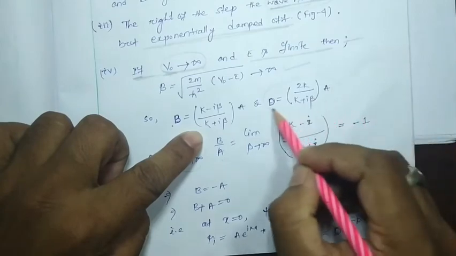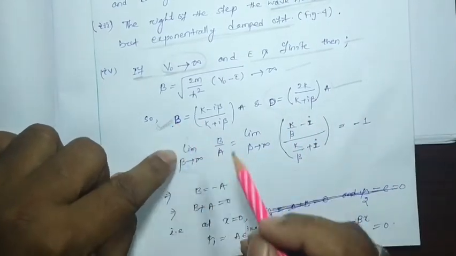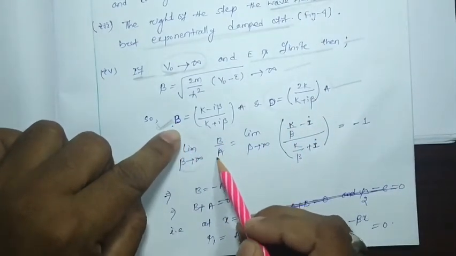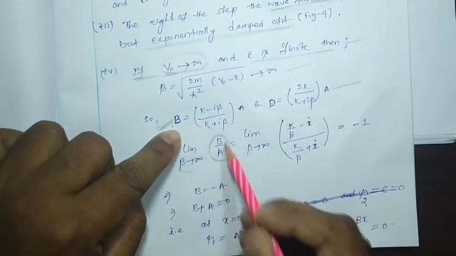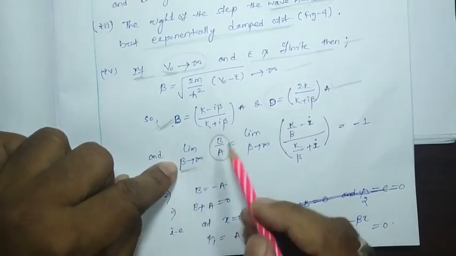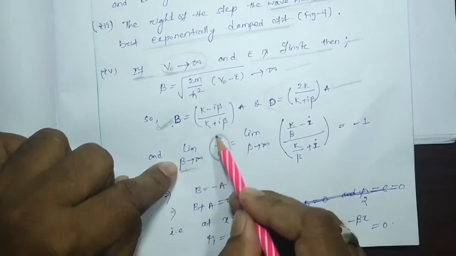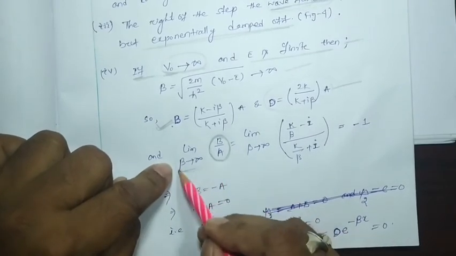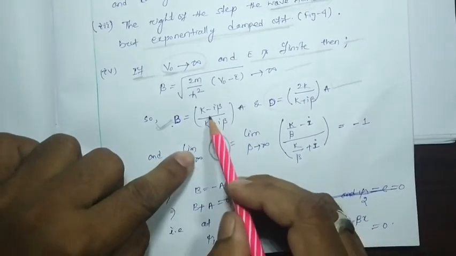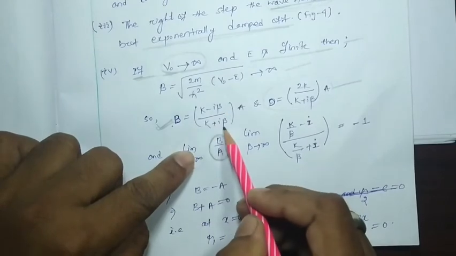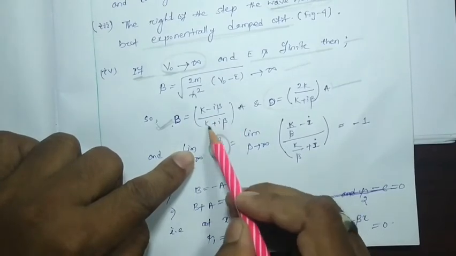This value of D is not required now. Only consider this one. We are trying to find out B by A when beta tends to infinity. So B by A will be (K minus i beta) by (K plus i beta).